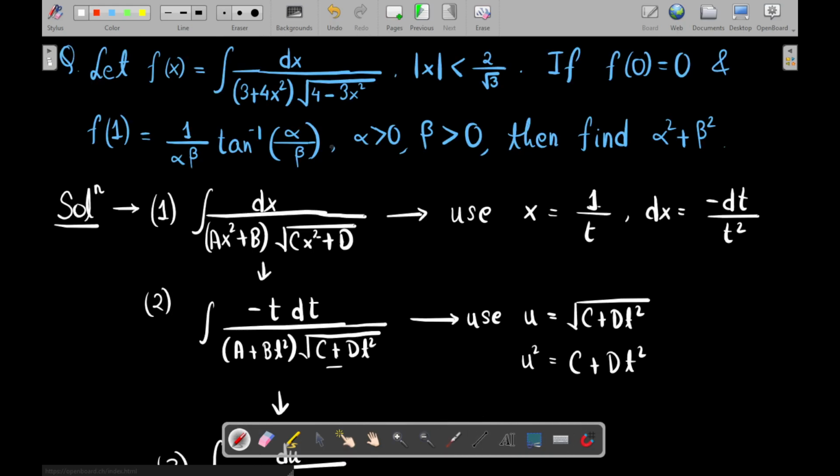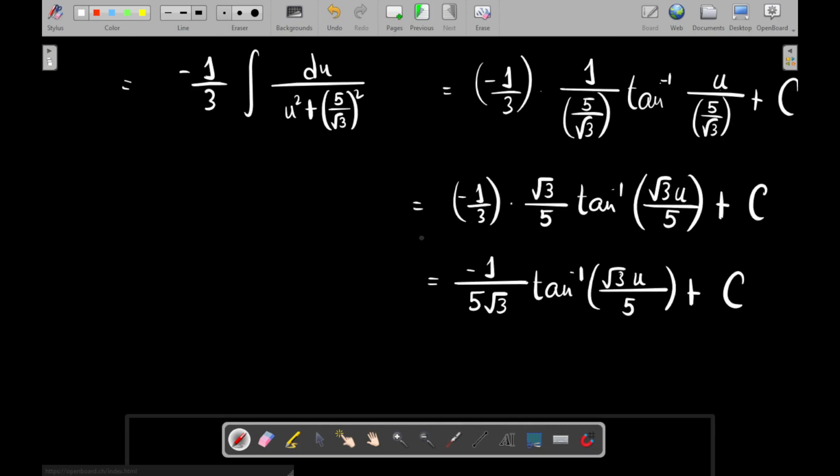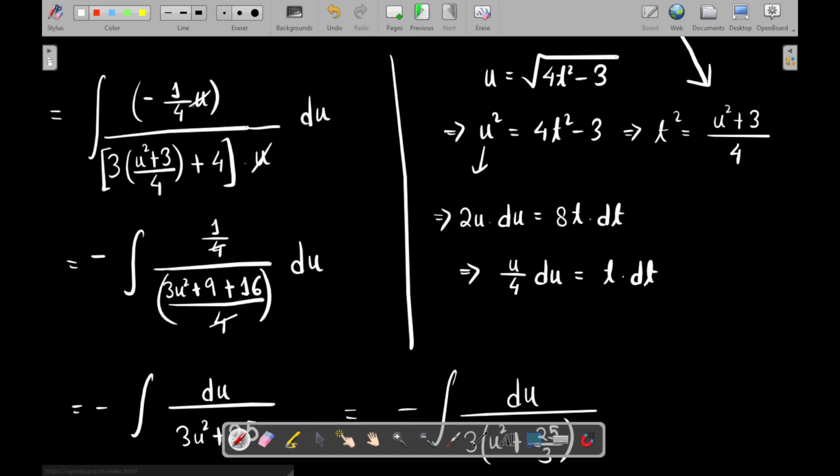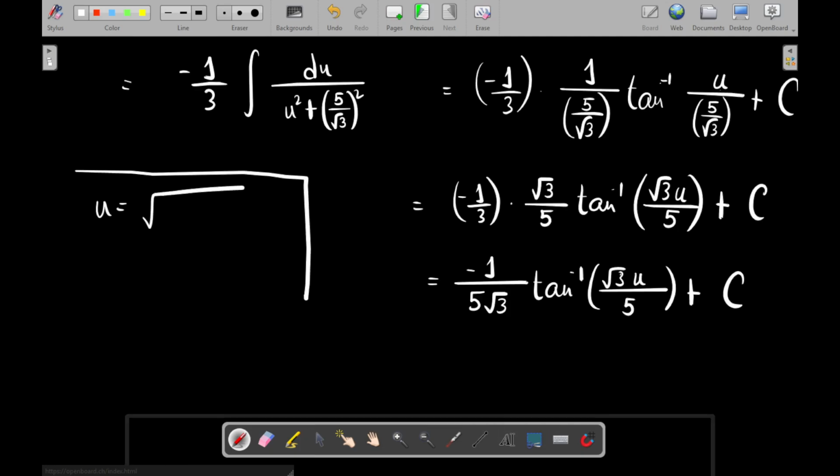So our format was 1 upon alpha beta tan inverse of alpha upon beta, where alpha and beta have to be positive. Again in the rough, our u was square root of 4t square minus 3, and t was 1 by x, right?